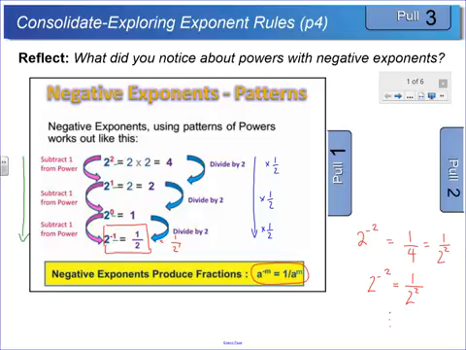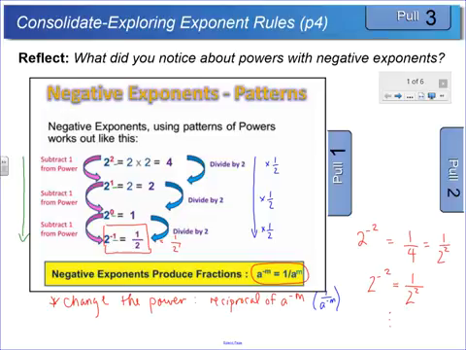So in general, you're going to change the power by doing the following. You're going to find the reciprocal of a to the minus m, and that is 1 over a to the minus m. And that's what it means to reciprocate, is to make a fraction with the numerator equal to 1.